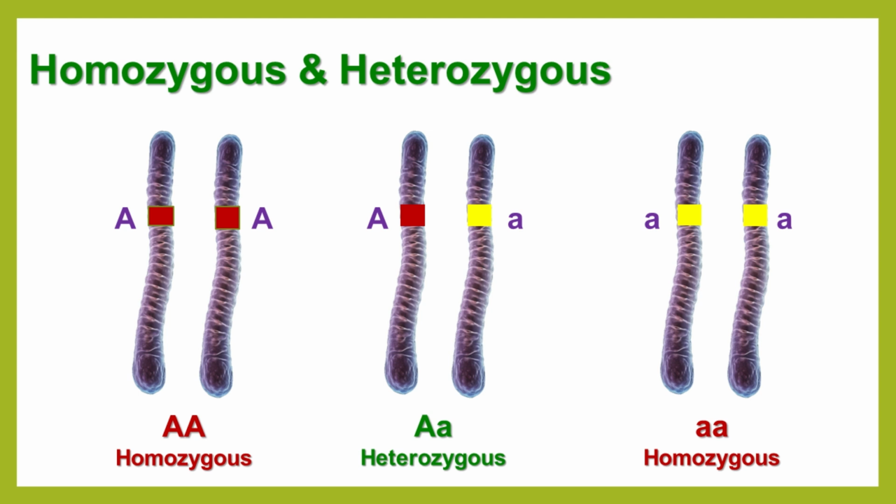These alleles may both be dominant, big A, as you see on the left, or both recessive, small a, on the right. Or could be heterozygous, in which the individual has two different alleles for a particular gene or genetic locus. In the middle, you see a heterozygous individual with big A and small a.